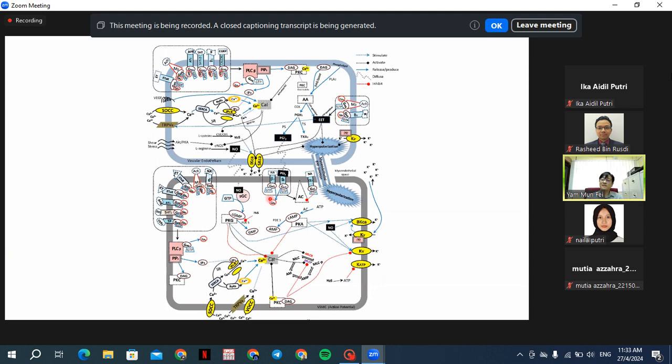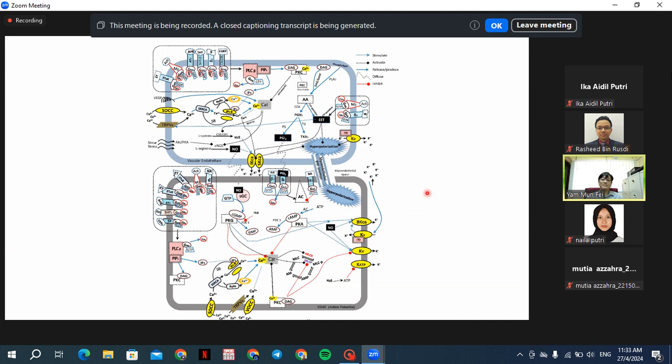Then beta blocker, and also you can study the prostacyclin process here, and then the muscarinic receptor. And what else? Beta receptor as well. So these are the vascular tone.